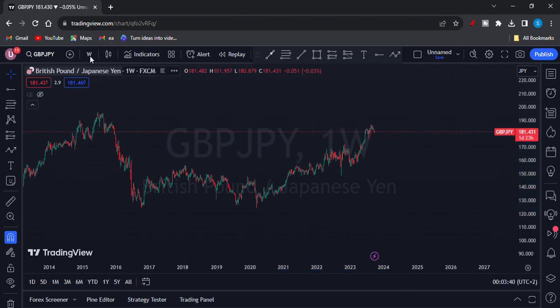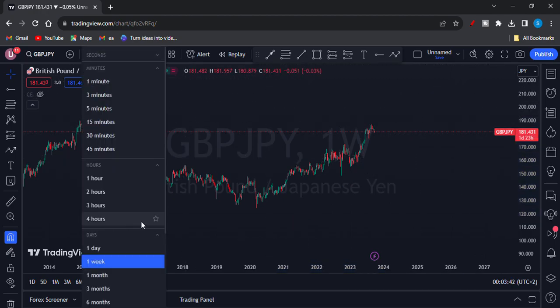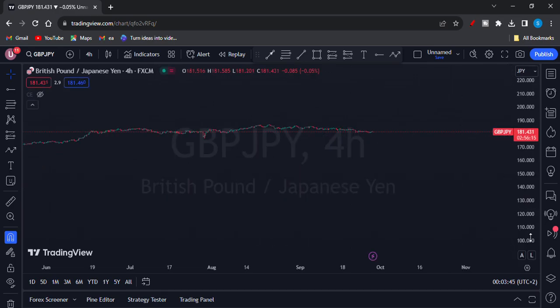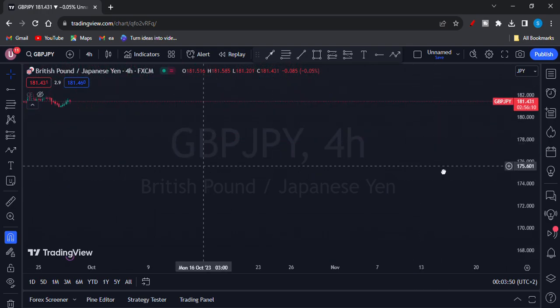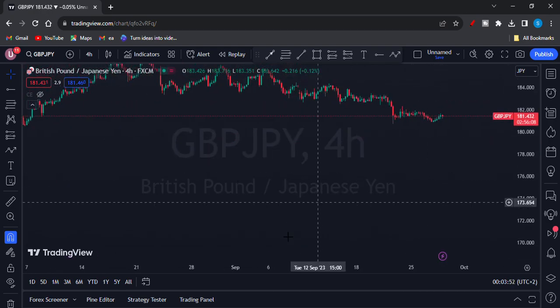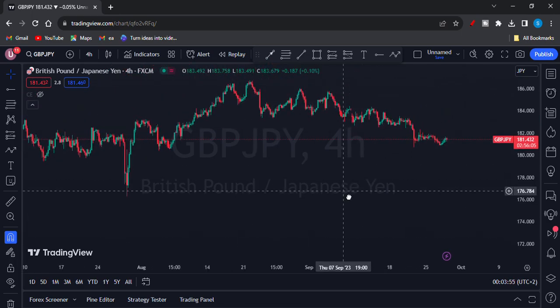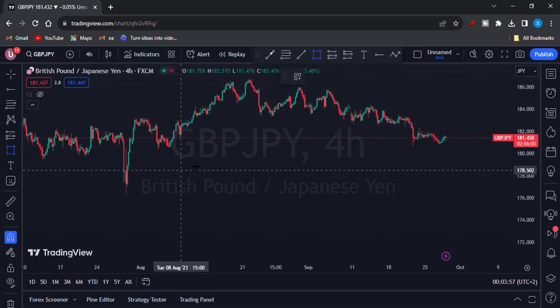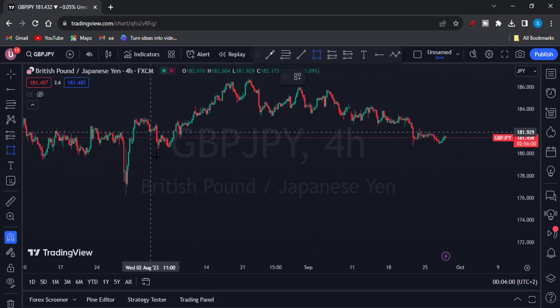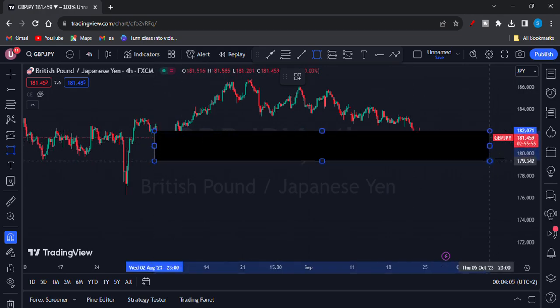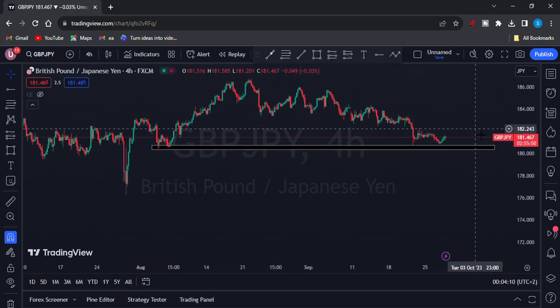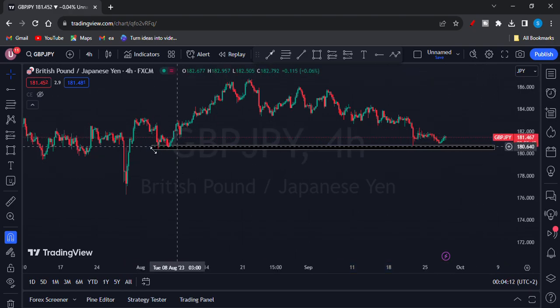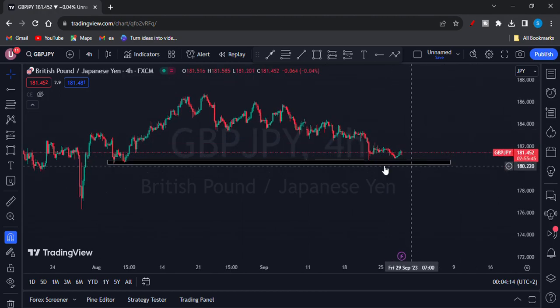And then let's go to our 4-hour. Currently we're having this support area from right here being a support area, and then even here.